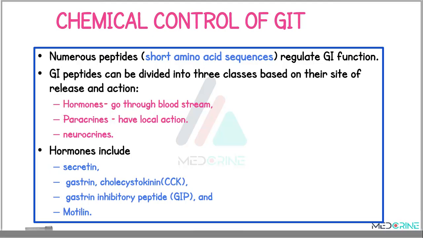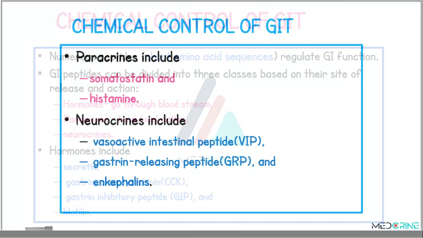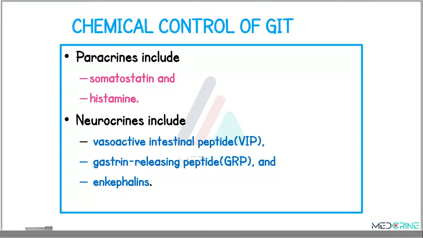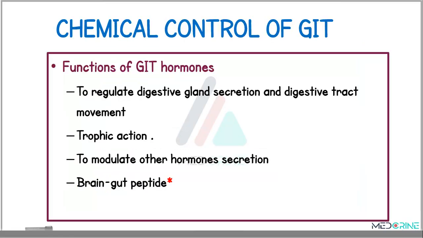The hormones in the GIT include secretin hormone, gastrin hormone, cholecystokinin, gastric inhibitory peptide, and motilin hormone. And paracrine hormones include somatostatin and histamine. And lastly, neurocrines include vasoactive intestinal peptide, gastrin-releasing peptide, and enkephalins.